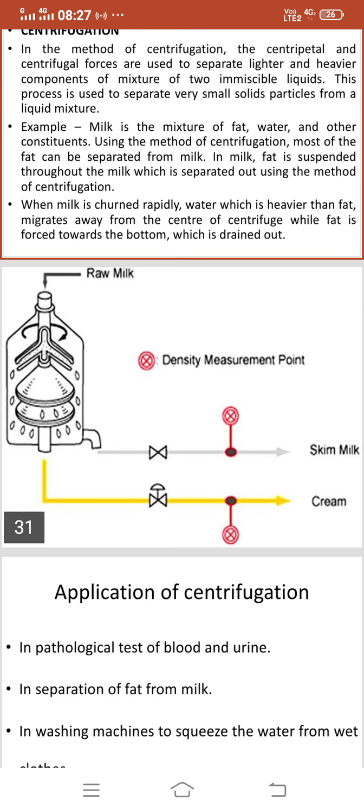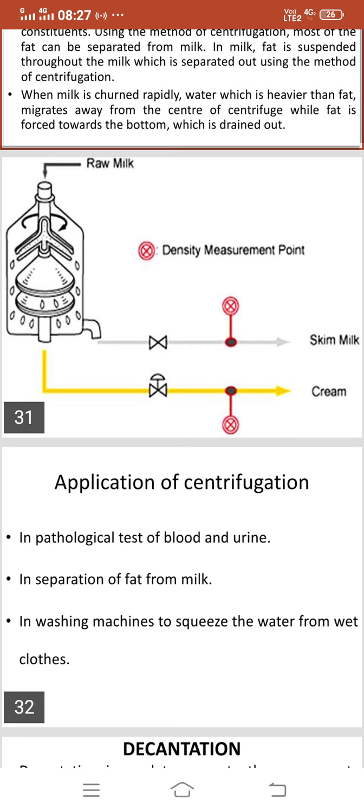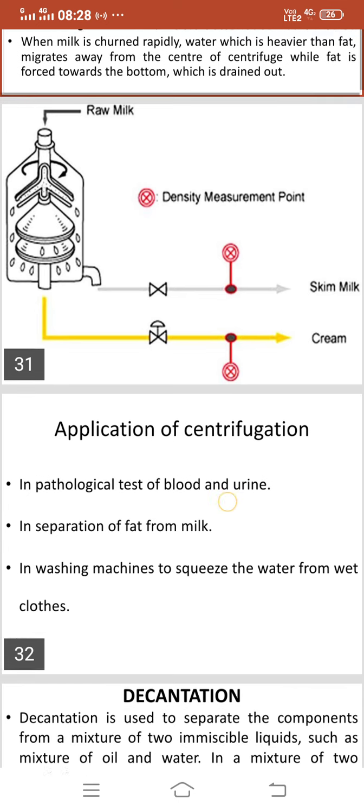Now what are the applications of centrifugation? First, in pathological tests of blood and urine. Blood and urine tests are done by the process of centrifugation. In separation of fat from milk, if you want to separate fat from milk, we use the centrifugation method.